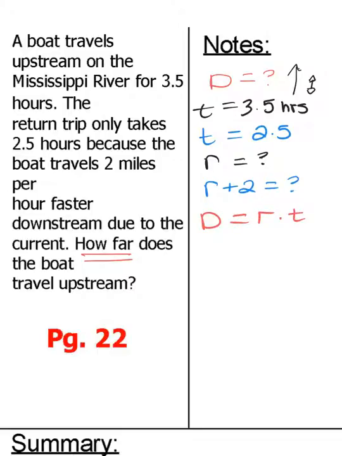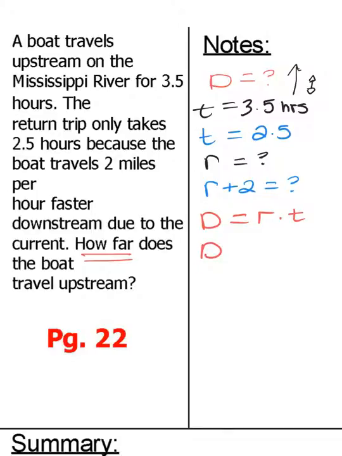Well, I have 2 of those equations. Why am I going to look at 2 distance equals rate times time equations? Because on the way there and on the way back, you're taking a different amount of time. You're taking longer on the way there, and you're traveling faster and taking less time on the way back. Does that make sense? But all together, you're still traveling the same distance, right?